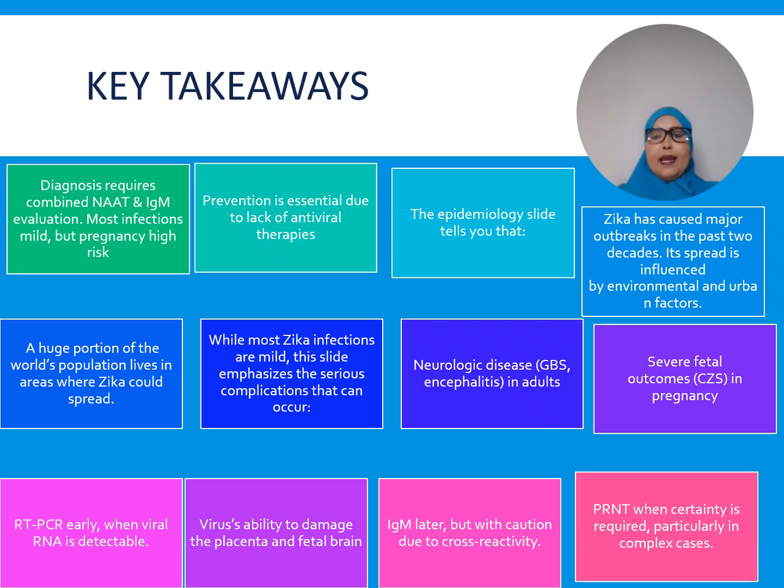The epidemiology slide that we went over tells us Zika virus has caused a major outbreak in the past 2 decades. It is influenced by environmental and urban factors. A huge portion of the world population lives in areas where the Zika virus could spread or mosquitoes live.